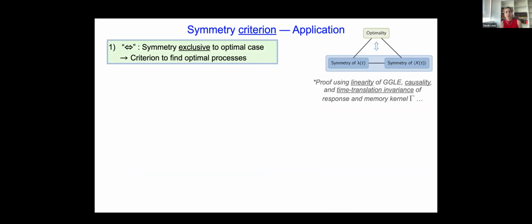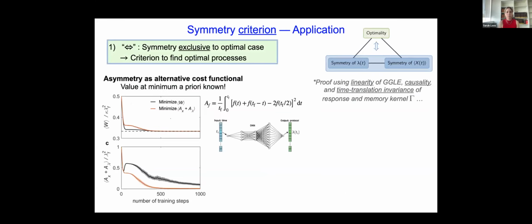And I think this is quite strong, because that means, for example, that you can use the asymmetry as an alternative cost functional. So instead of minimizing work, you can minimize asymmetry, which is a better cost functional in some sense, because you know the value at the minimum a priori, which you don't know for the work.